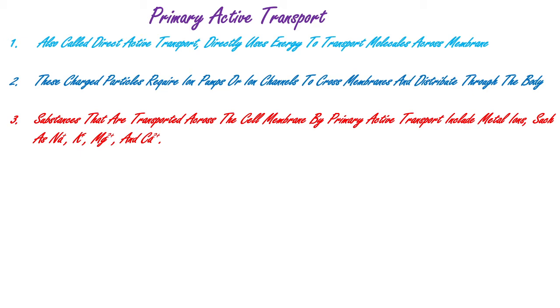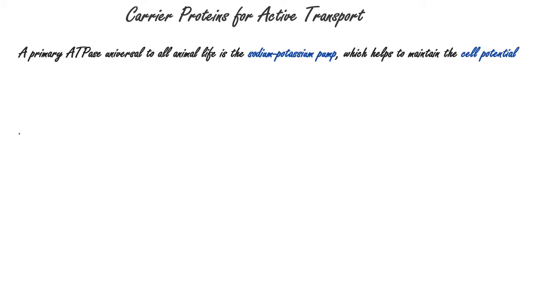Substances that are transported across the cell membrane by primary active transport include metal ions such as sodium ion, potassium ion, magnesium ion, and calcium ion, etc. The example of primary transport is the sodium potassium pump, which is a primary ATPase universal to all animal cells, which helps to maintain the cell potential.